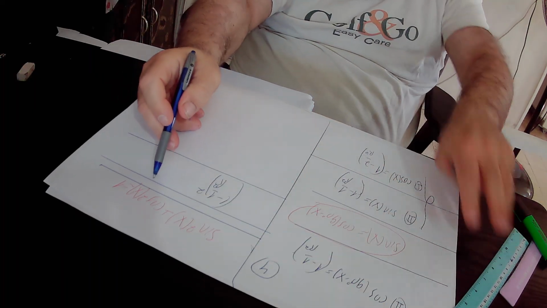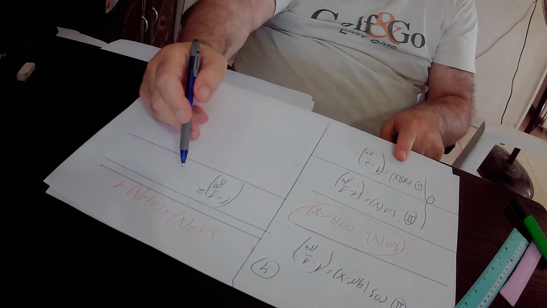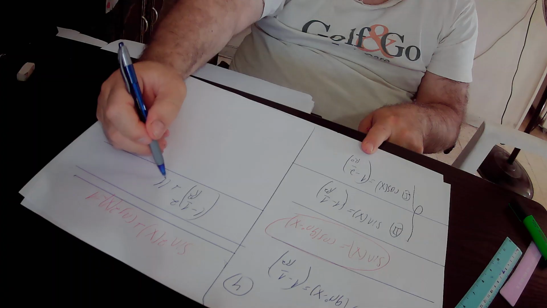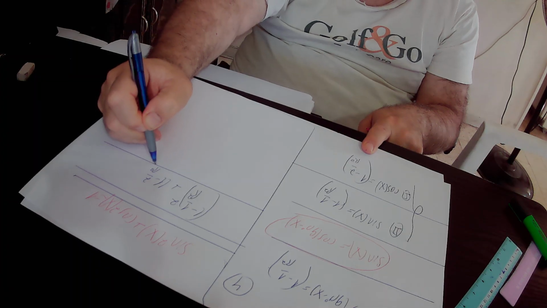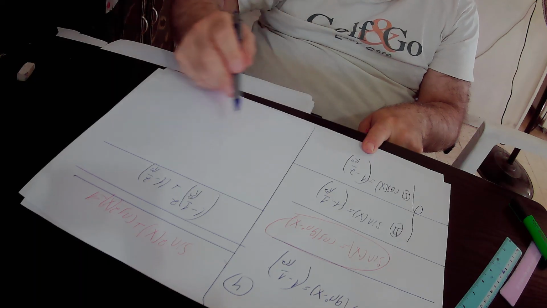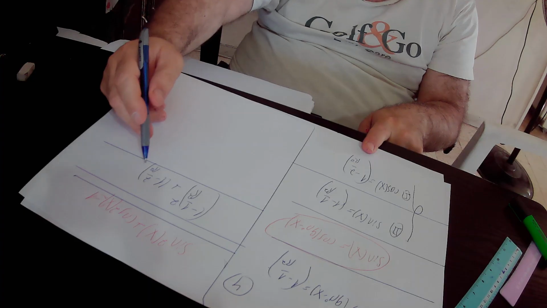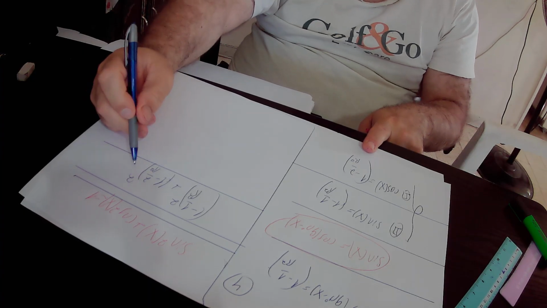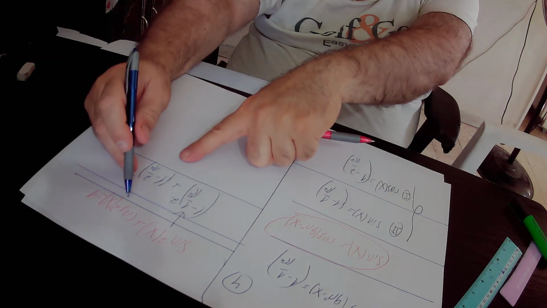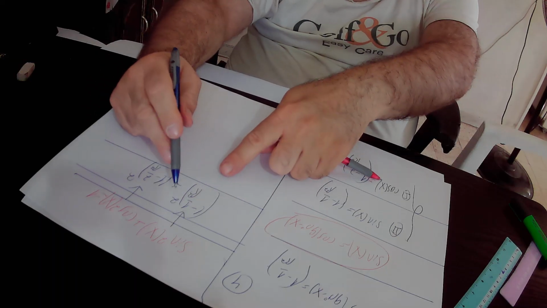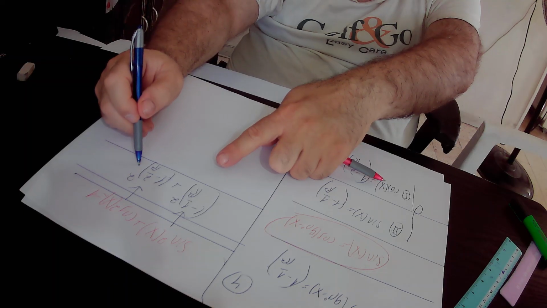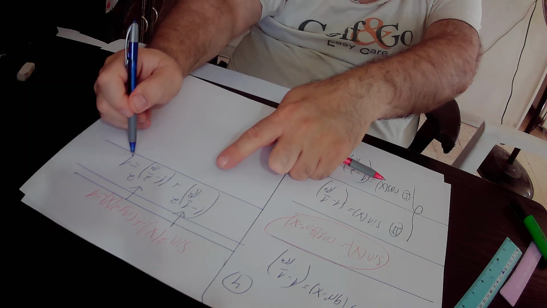We have here plus cosine squared x. According to equation 1, cosine x equals 1 minus 2 over r squared. If cosine x equals 1 minus 2 over r squared, it means that cosine squared x will be equal to (1 minus 2 over r squared) squared. So this expression is sine squared x, this expression is cosine squared x, and sine squared x plus cosine squared x equals 1 according to this trigonometric identity. So it will be equal to 1.